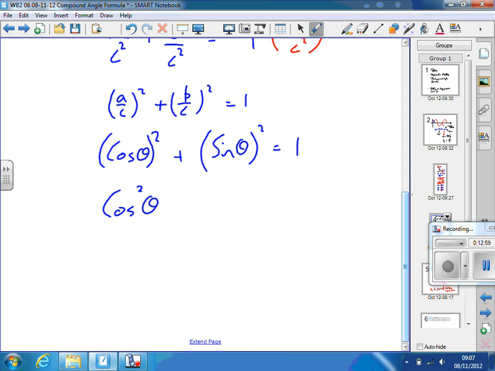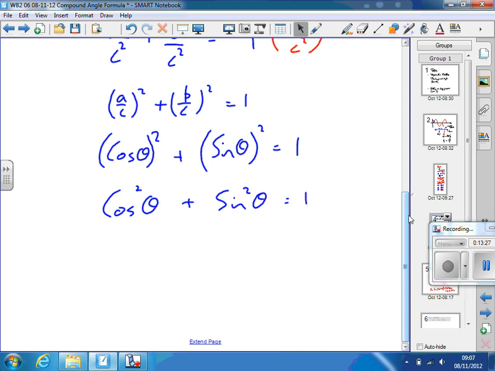If I write this, that means the cosine of theta squared, which is a different thing. What I mean is the cosine of theta all squared. So by putting a little 2 there, that's the convention we use to show that, okay? So rather than putting it in a bracket, we use that little convention. So this would be written as sine squared theta equals 1.